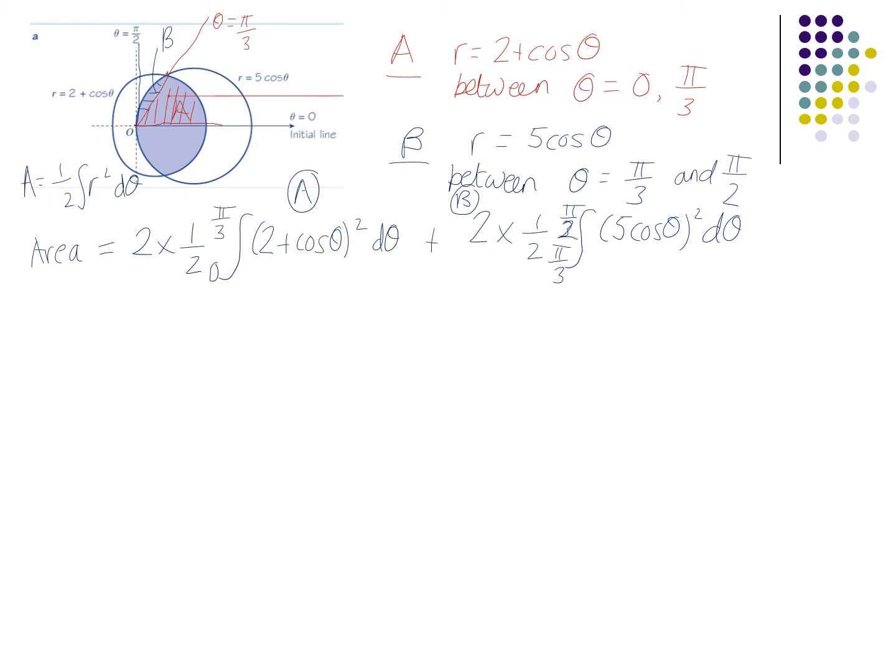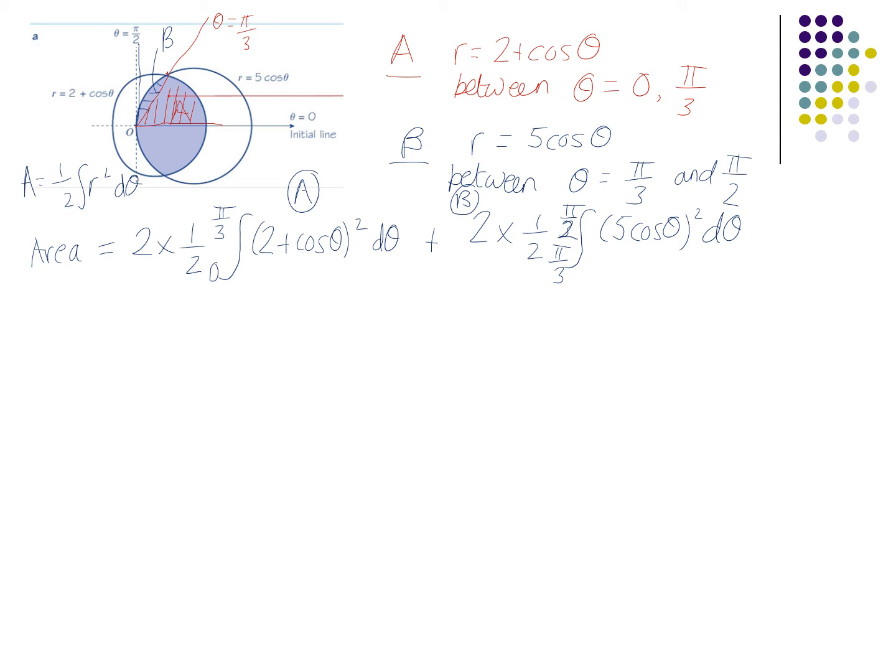Okay, so it's really important that you take a little bit of time to think carefully about what limits you're going to use for which curves, and do it by drawing out from the pole these values of theta, to help you determine which ones you're going to use.